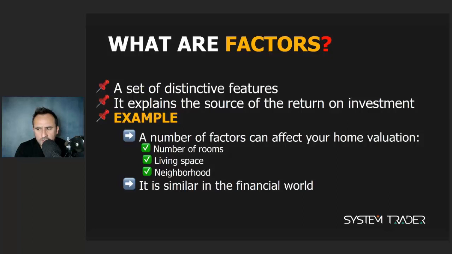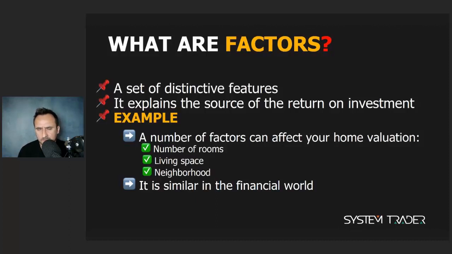We can look at factors as a set of distinctive features which explain the source of the return on investment. So we are not only blindly picking stocks which we think will grow better or will have less volatility. We are just measuring distinctive features, and based on these features, we are building factors.